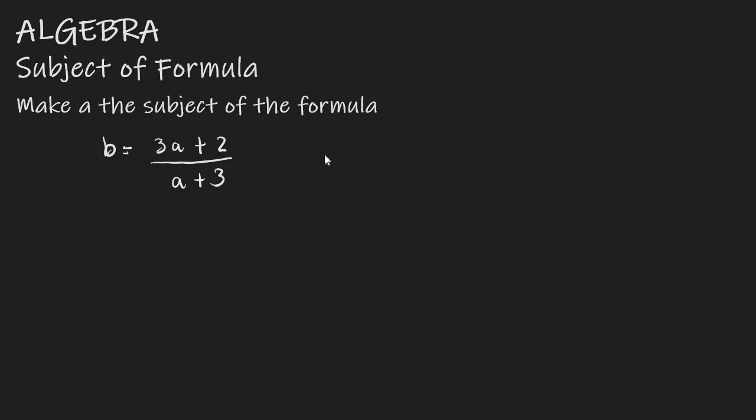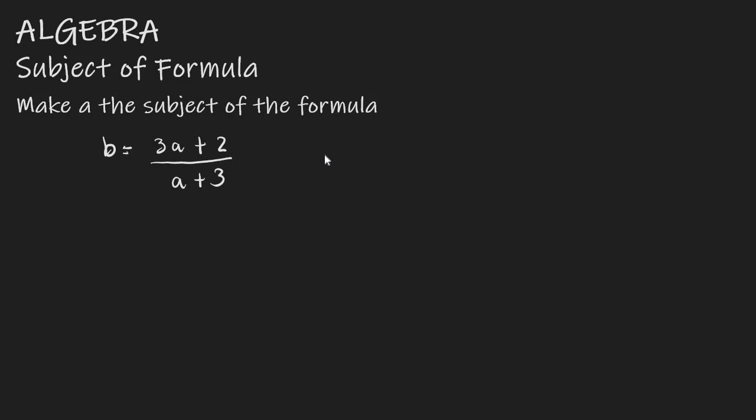Well, in order for me to get them on the left, I need to first remove a plus 3 as the denominator on my right-hand side of the equation. In order for me to remove a plus 3 as my denominator, I need to use the opposite operation to division, which is multiplication. So I will be multiplying a plus 3 to the right-hand side of the equation.